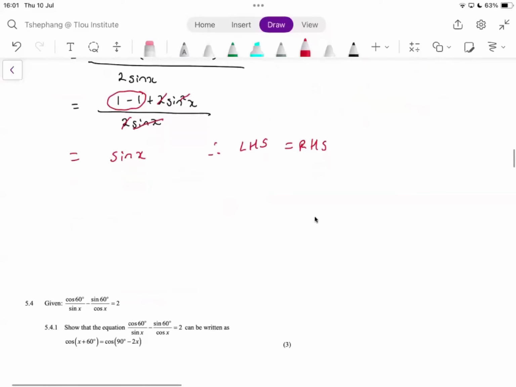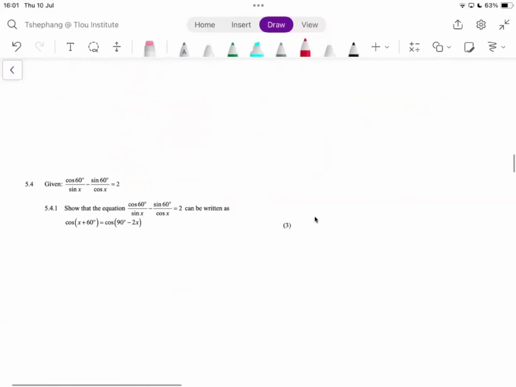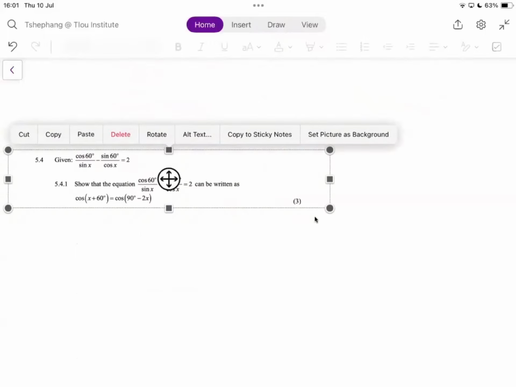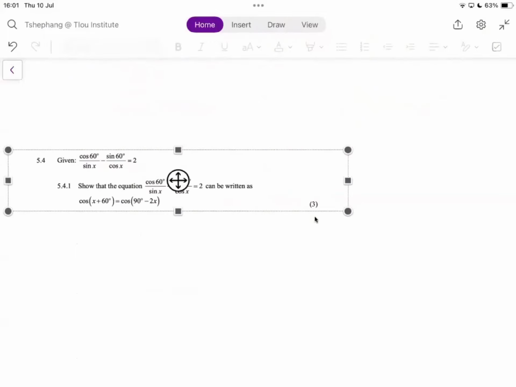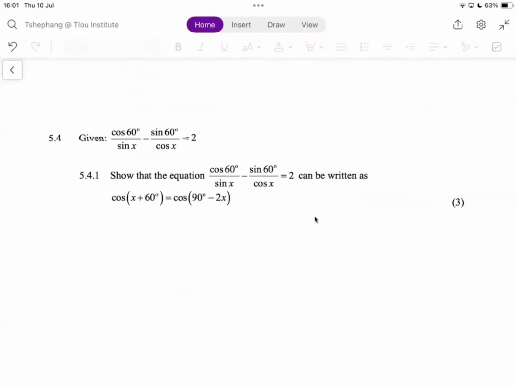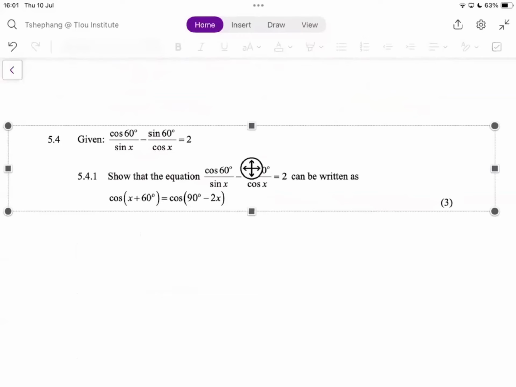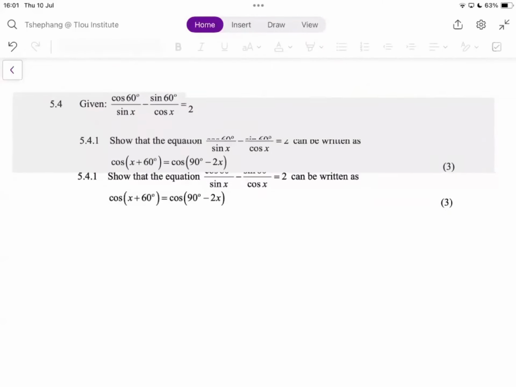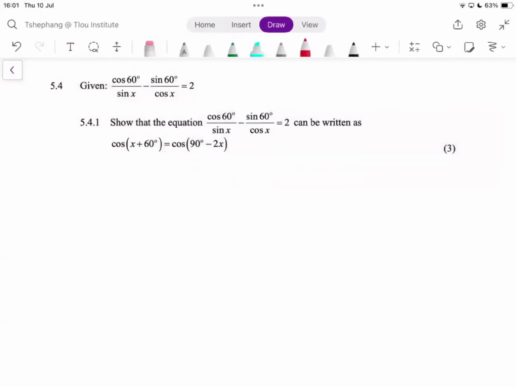Now, let's move on. Let's look at this one now. We are given cos of 60 over sine of x minus sine of 60 over cos of x is equal to 2.